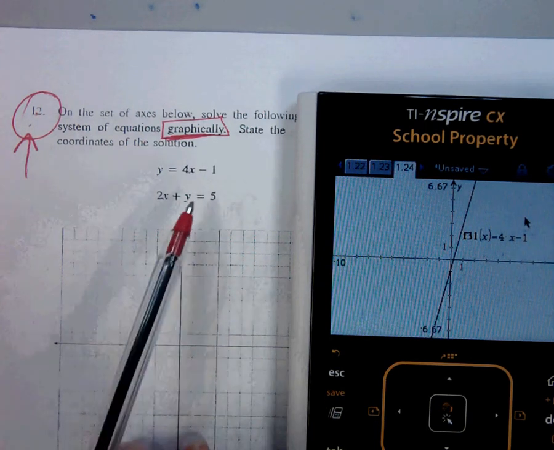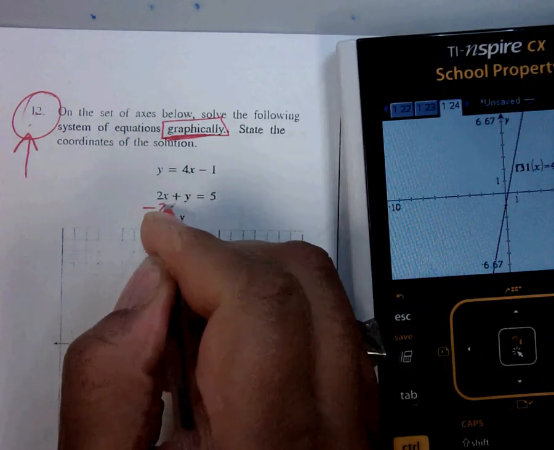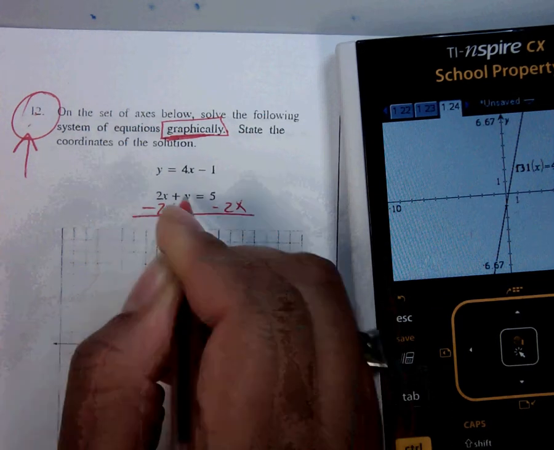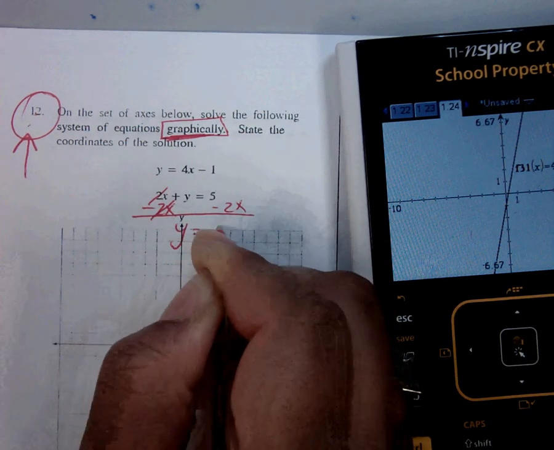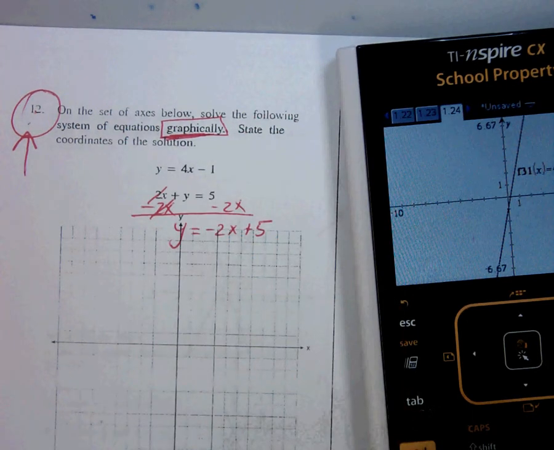Great. This one, you have to do something to it before you can type it in. So let's do that. Now you can type it in.